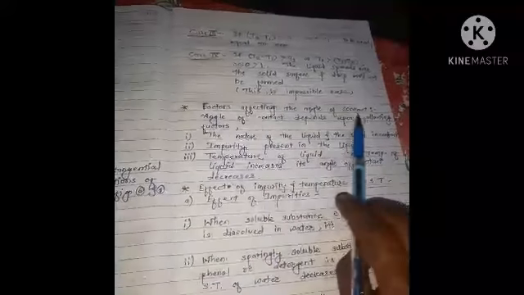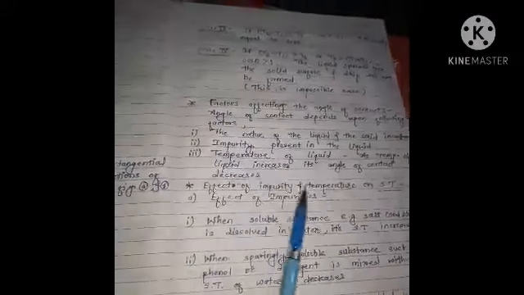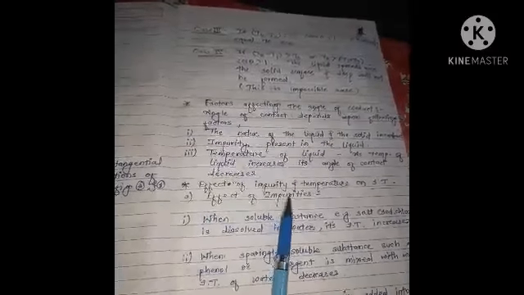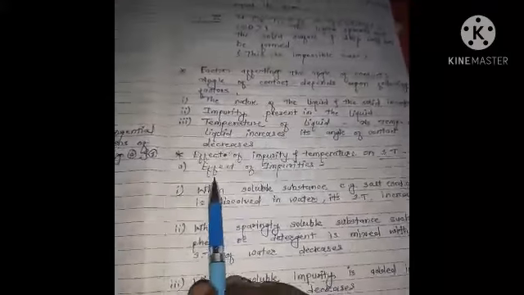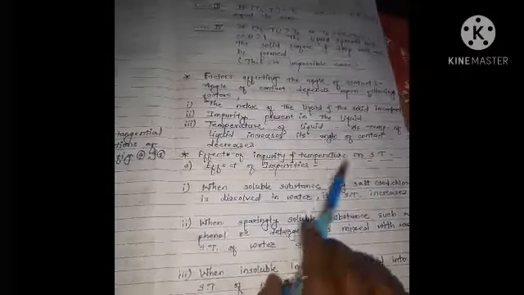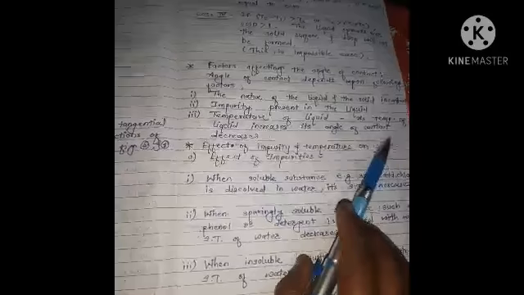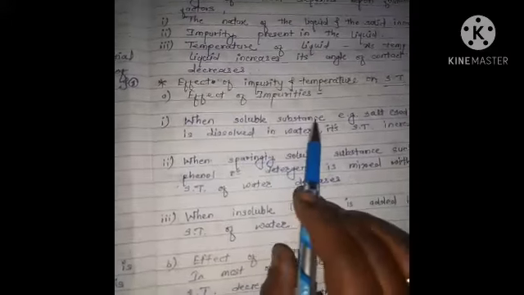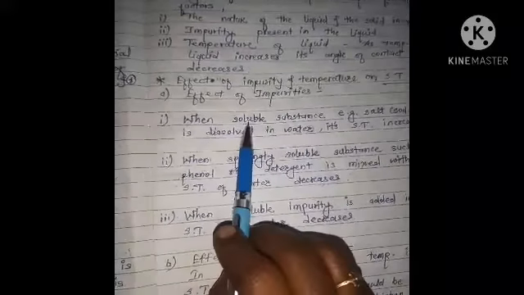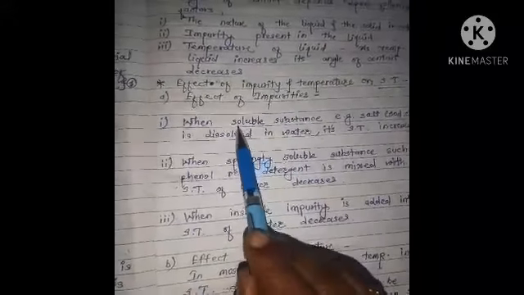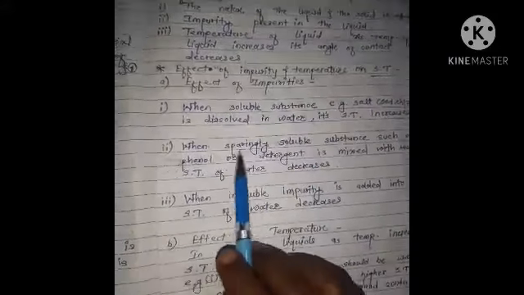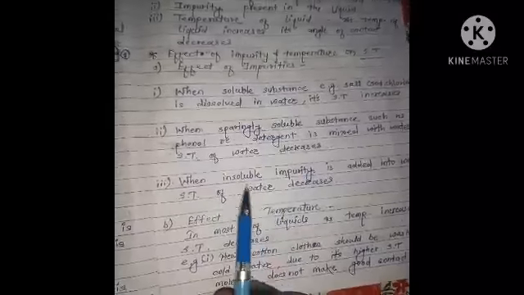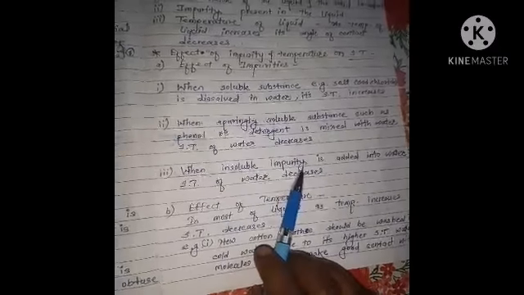First, the effect of impurity on surface tension. See these three cases, when water is added with soluble substances, sparingly soluble substances and insoluble impurities.